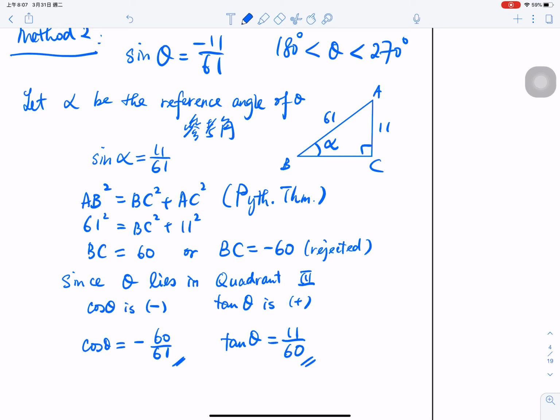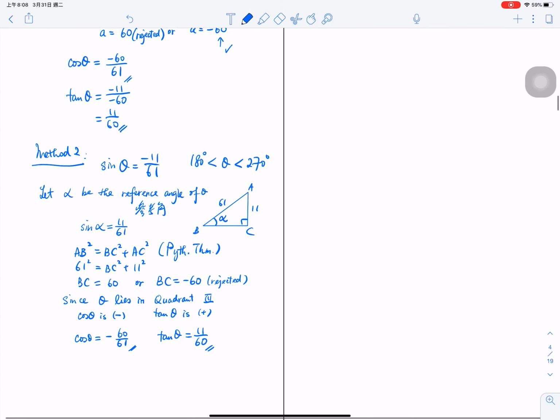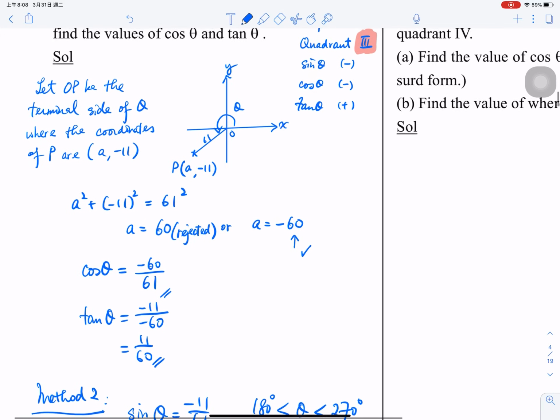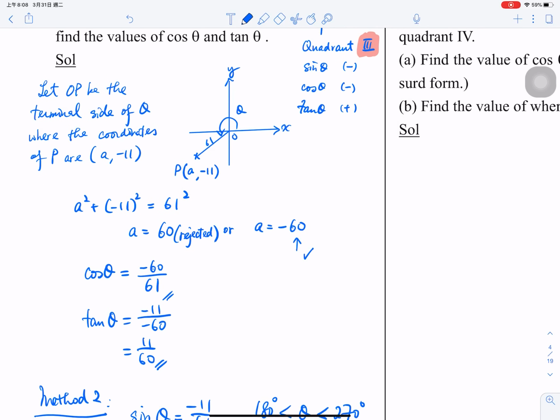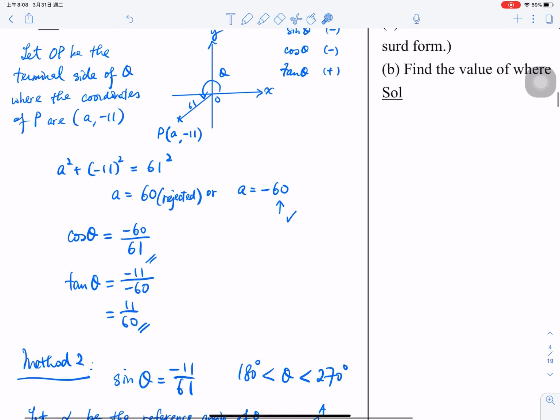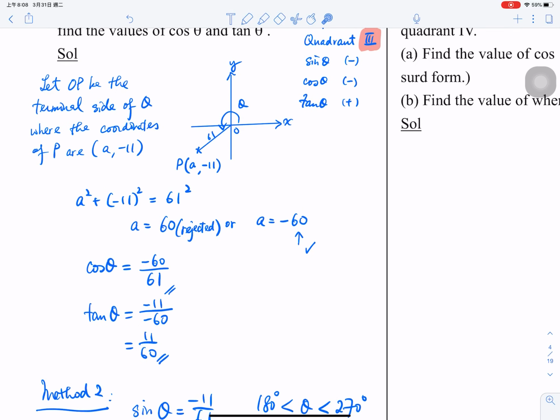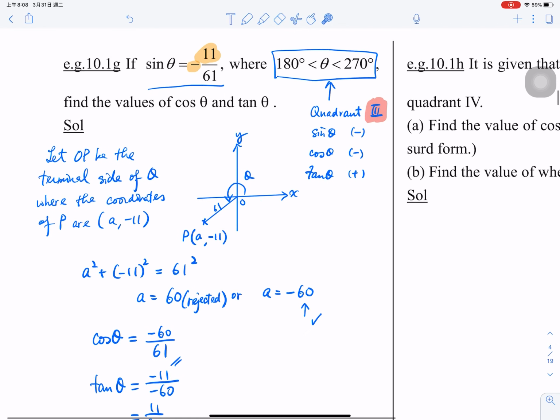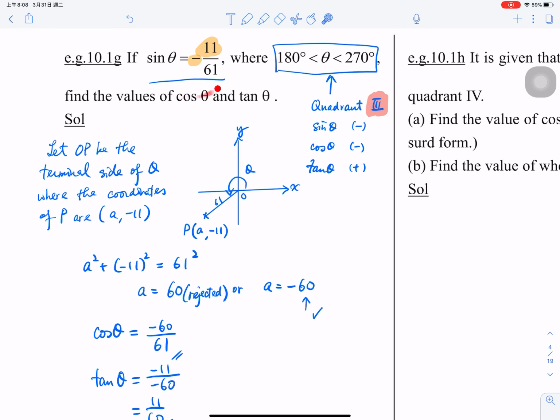Okay, so let's see. Method 1: mainly we make use of a rectangular coordinate plane and we write OP as a terminal side, and P has coordinates (a, negative 11), given the sine ratio negative 11 over 61.